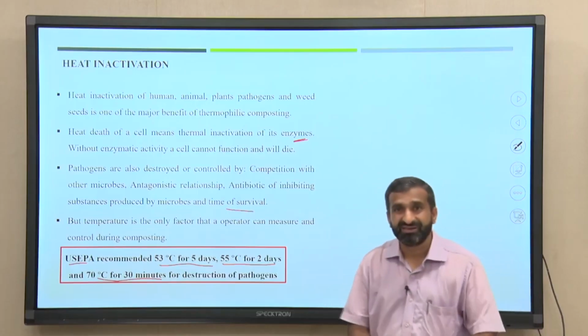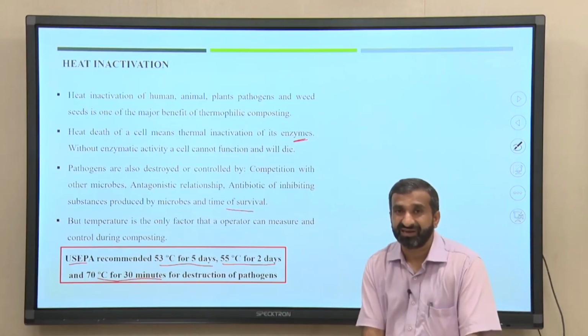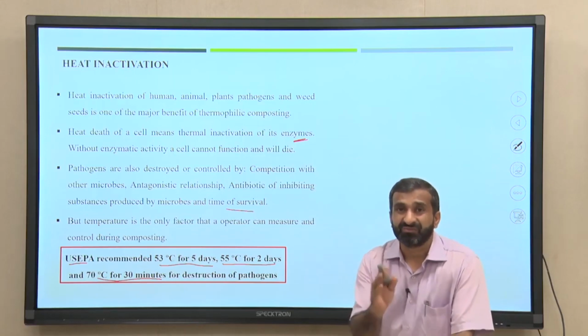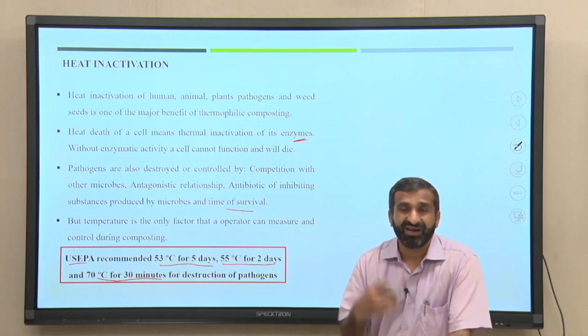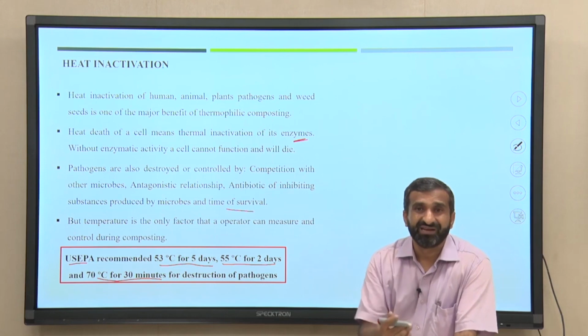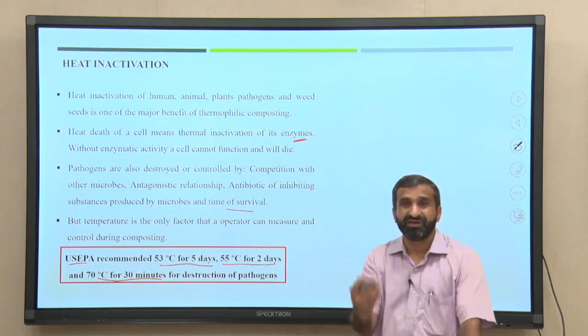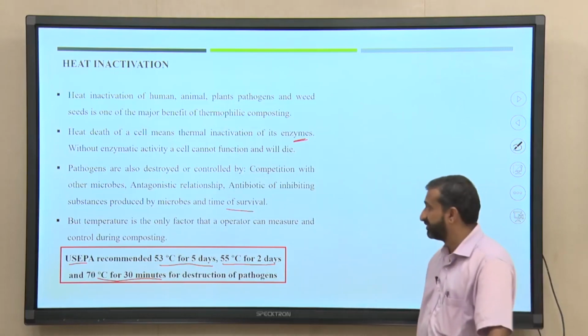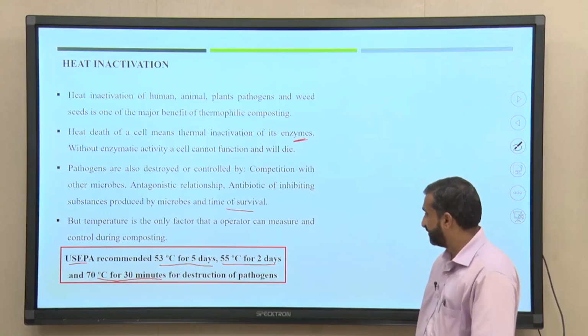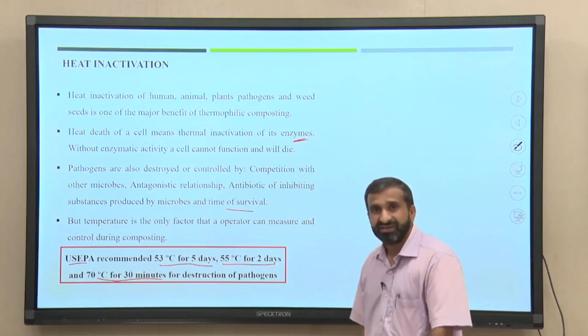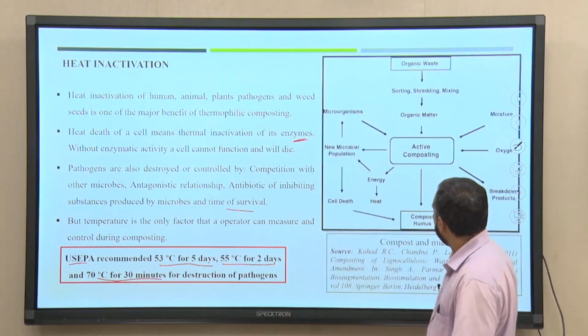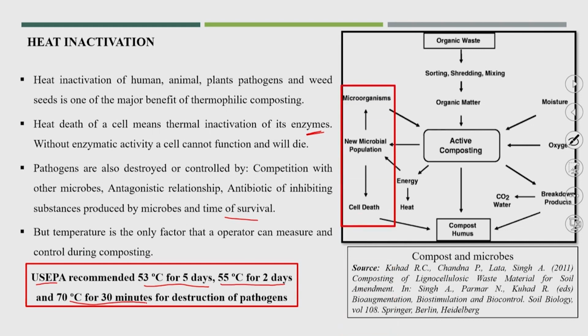See, now here you remember how important the thermophilic temperature is, and why I propose that if you visit any composting plant, you ask the question how much thermophilic temperature is possible to produce in that particular composting plant, why it is very important. So, here this is our major one.